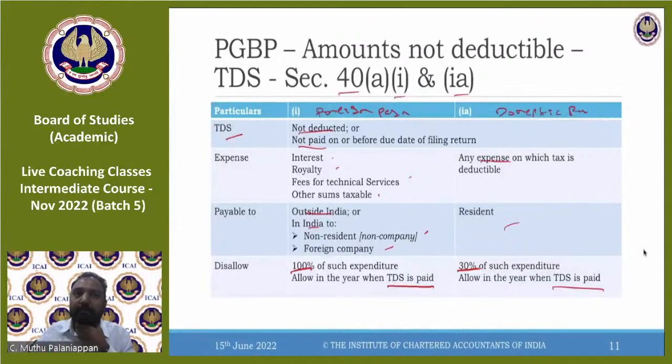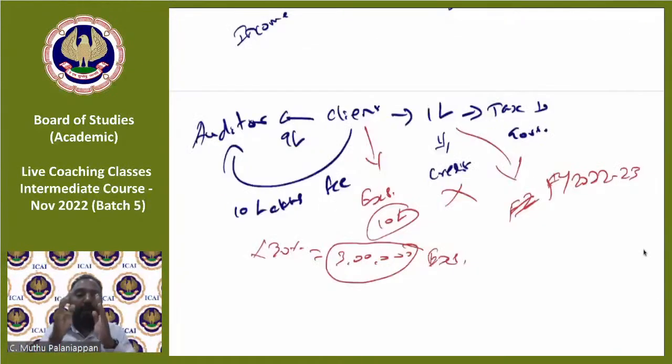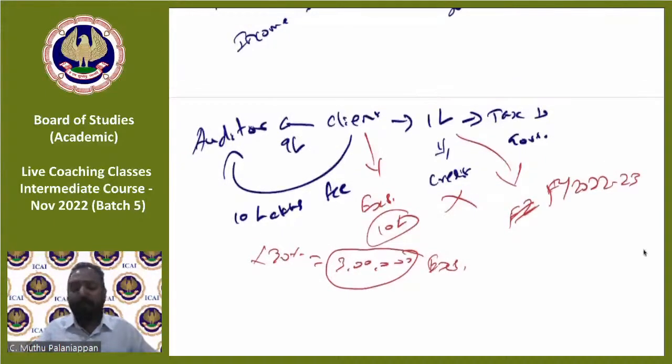Only then we'll understand. So as far as this business goes, what you need to understand is that TDS is typically where a portion of income, a portion of expenditure, is held by the person who's paying. It will be paid to the government on behalf of the person who has provided me the income. So this is the example for TDS.